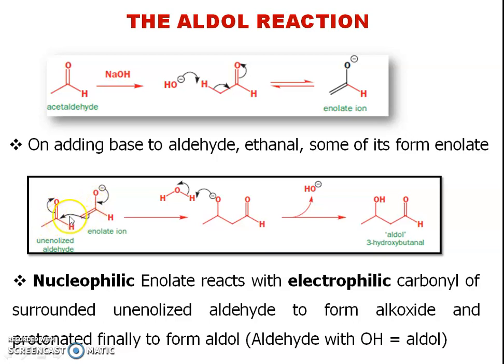So this carbon will be nucleophilically added to this electrophilic carbonyl. Then it forms an alkoxide. Then this alkoxide is protonated by water, and finally it forms an aldol, that is called 3-hydroxybutanal, with regeneration of the hydroxide. So here hydroxide is acting as a catalyst.